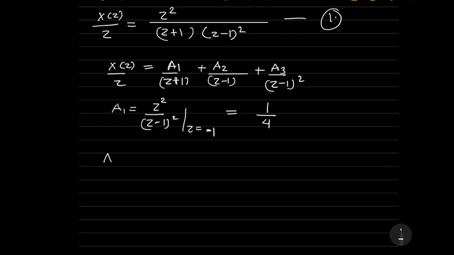Again, to find the value of a2, first we differentiate (z minus 1) whole square times x of z by z, and then set z equals 1.